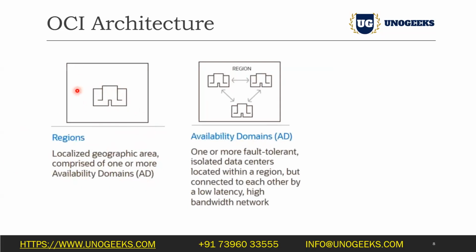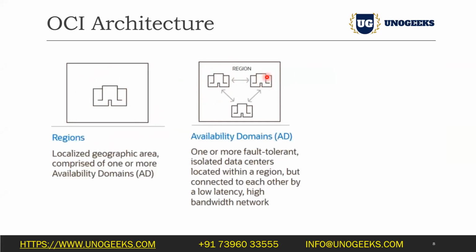So what they have done in Oracle is, whenever they create a region, like if they create Mumbai as a region, within this region they have created 3 different availability domains. These are sets of complete infrastructure, completely isolated from each other.